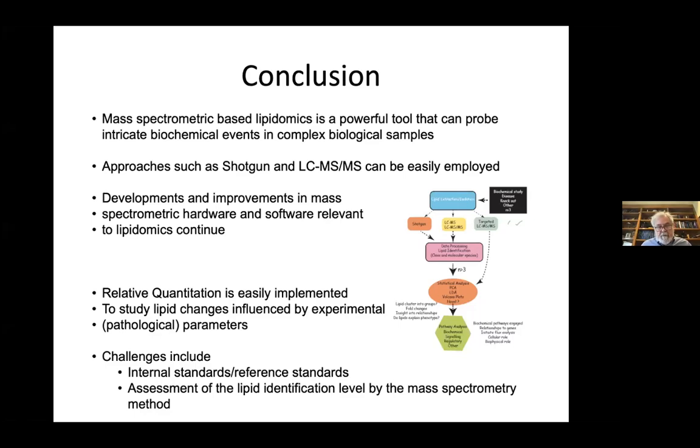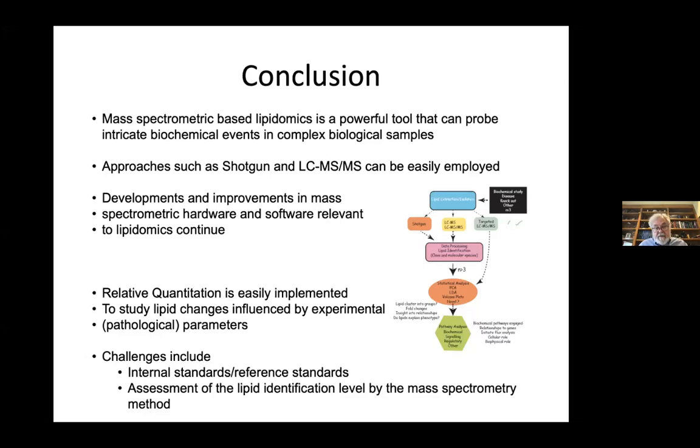For neutral lipids, it's a big problem because of the number of reference standards which you have available to do this. So that's some of the caveats about the quantitation.